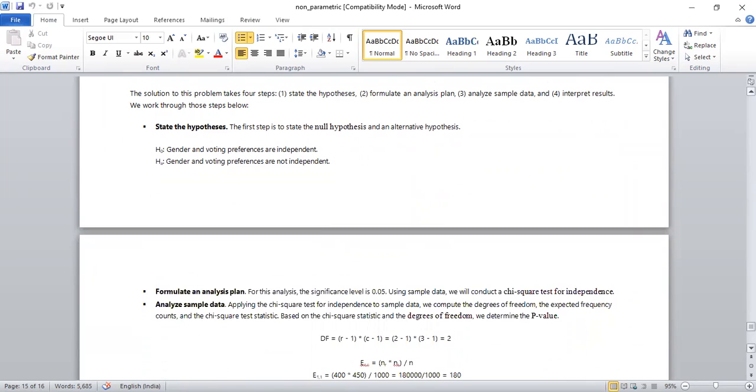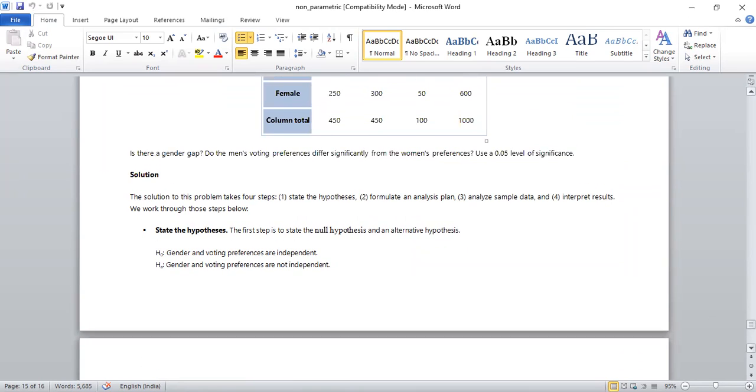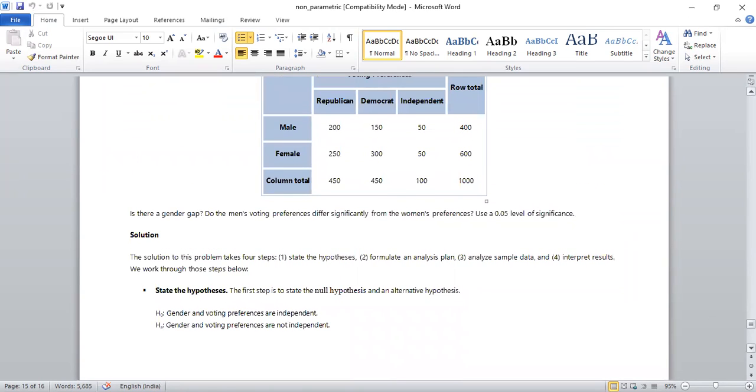So 400 is your row total for this level, male, and 450 is your column total for the level Republican belonging to the categorical variable voting preference.